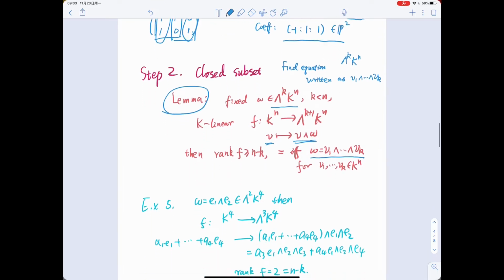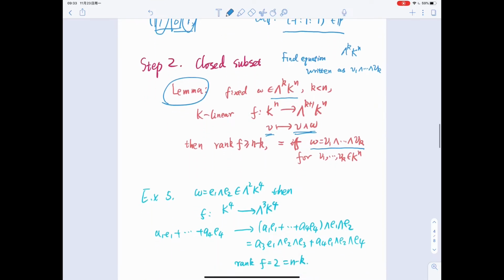An example: if omega is e1 wedge e2 in Lambda^2 K^4, then F sends the vector v to v wedge e1 wedge e2, and we see easily that the rank of F is 2, which is exactly n minus k.